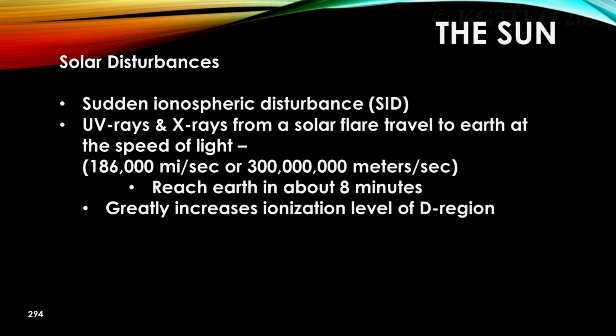And when that saturates, not much gets through. 80 meters begins to go away because it gets absorbed. Well, under really high ionization, everything gets absorbed. 20 meters gets absorbed, 10 meters gets absorbed. Nothing gets out. Airplanes aren't able to use their radios even.